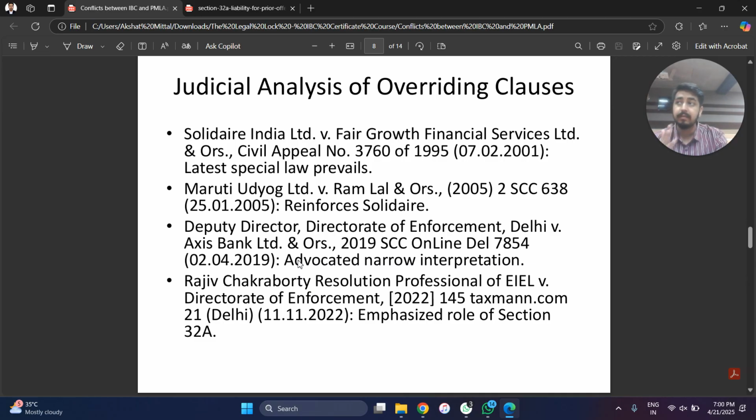Having delved into the analysis of all these overriding clauses, the Delhi High Court observed that the PMLA and IBC operate in a very different domain. When you apply the analogy that the later law shall prevail, you must be analyzing two legislations which are operating in the same domain. For example, SICA, SARFAESI and IBC. These three legislations are in line with each other because they are operating in the same domain, that is the insolvency and bankruptcy laws. However, when we talk about PMLA and IBC, their domains are very different.